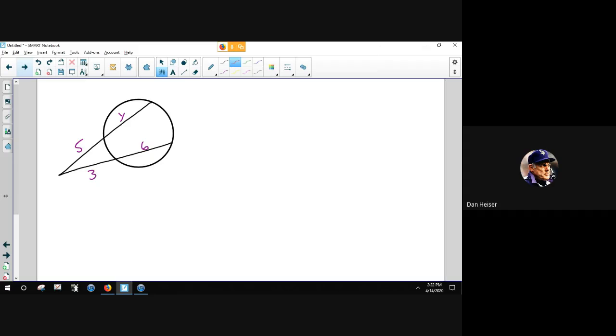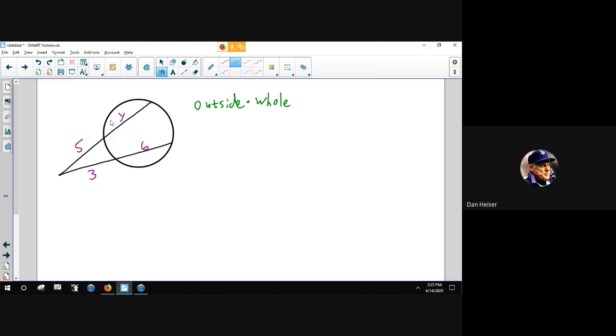Next example, two secants. Both start from the same point. If you recall, this is where we have outside times whole. So looking at the outside portion of this secant, I have 5.